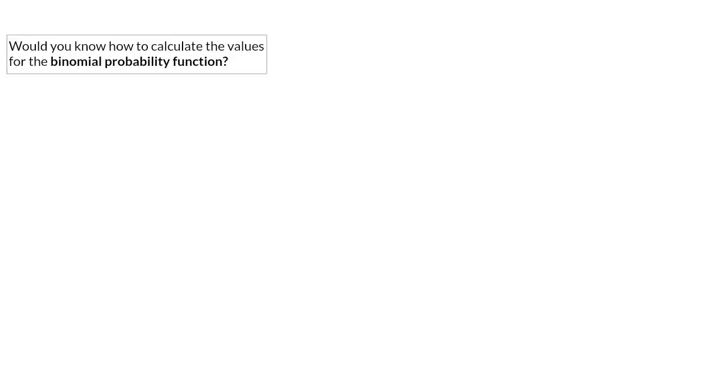I have another question for you guys. Would you know how to calculate the values for the binomial probability function? To answer this question, we first need to find the binomial probability function. P of x equals the binomial coefficient times p to the power of x times q to the power of n minus x.